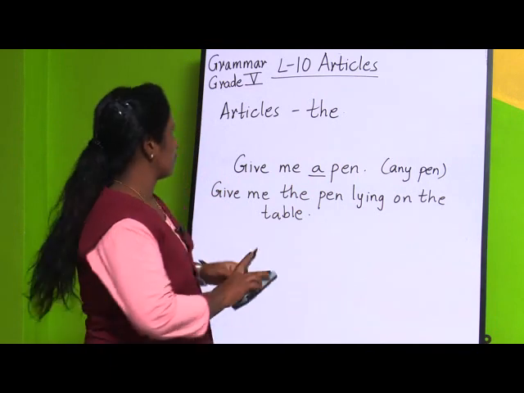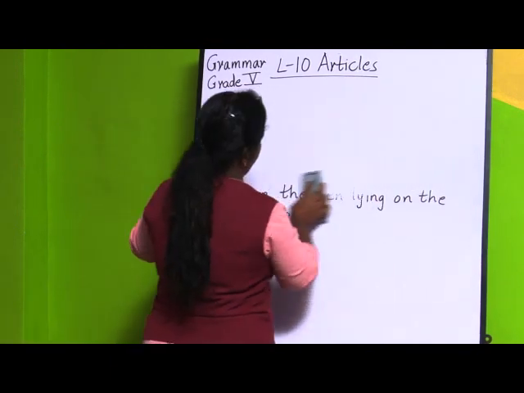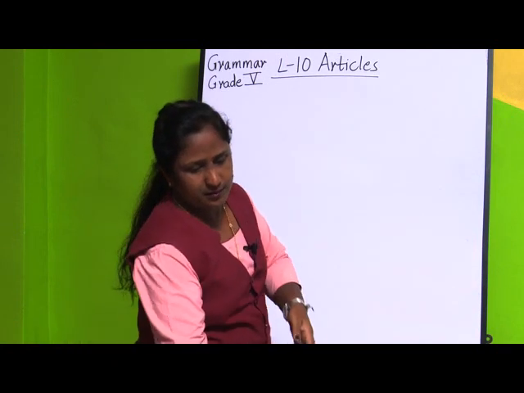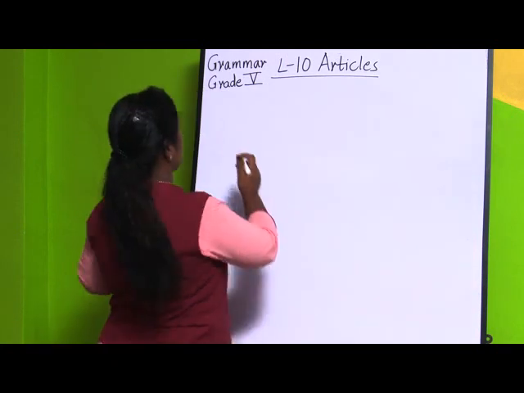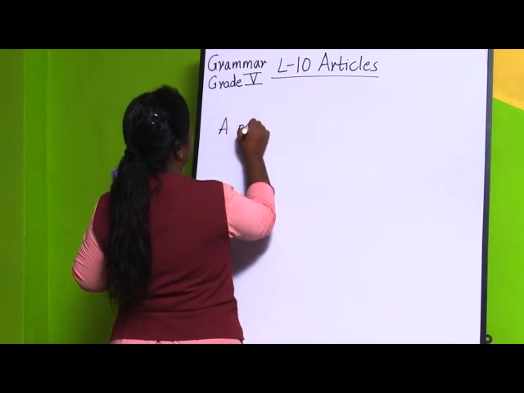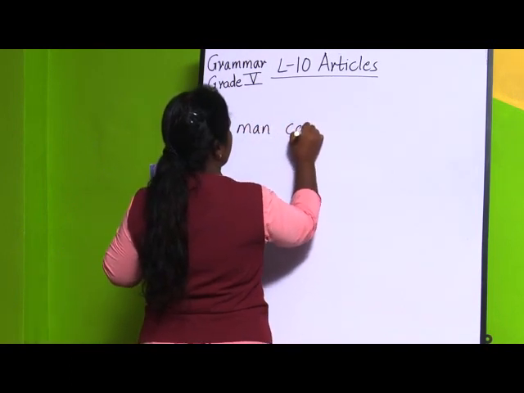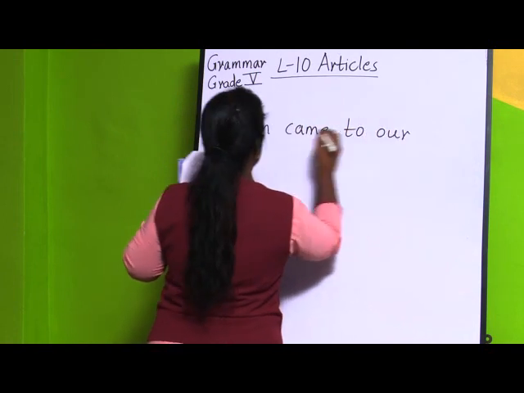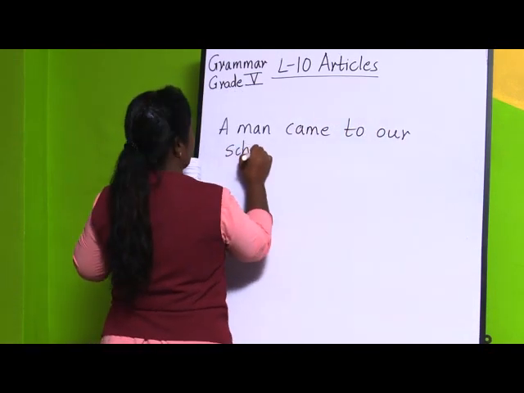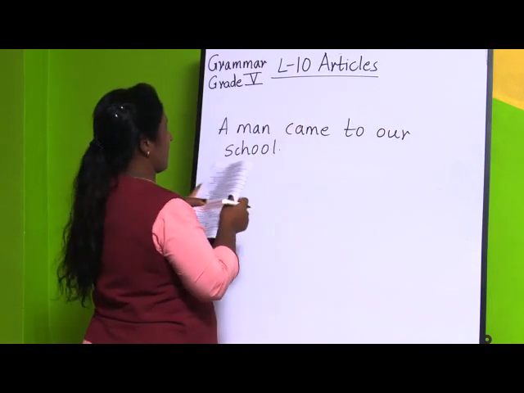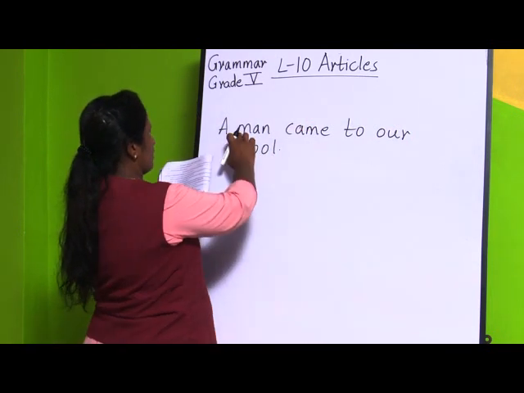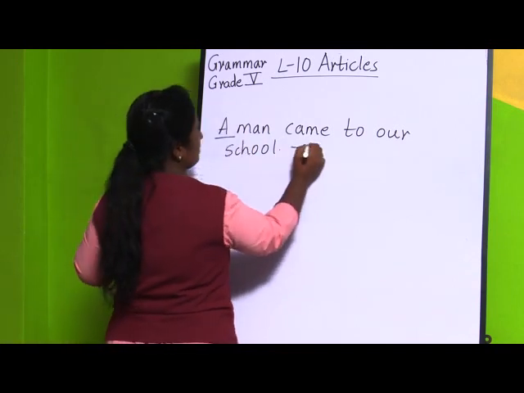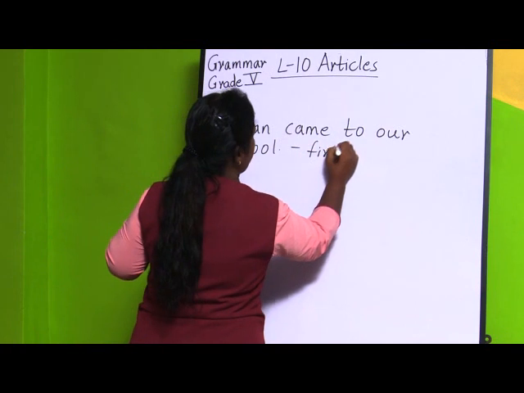See, for example, if I give it like this: A man came to our school. We have written a man before a because we are talking about that man for the first time.